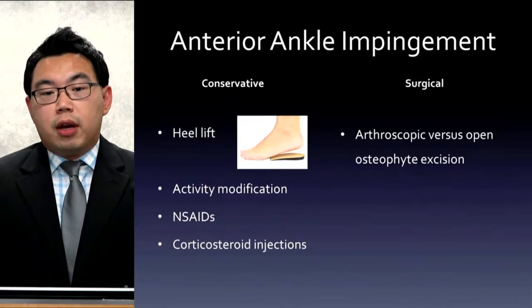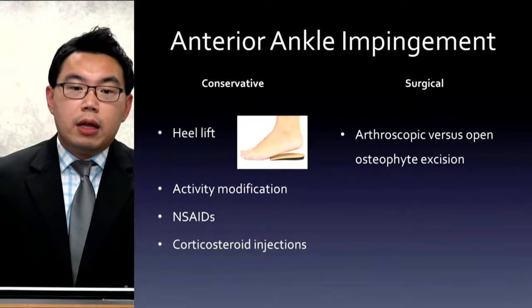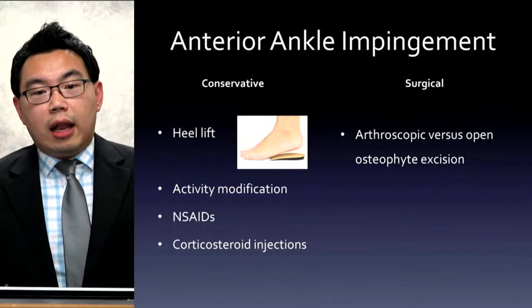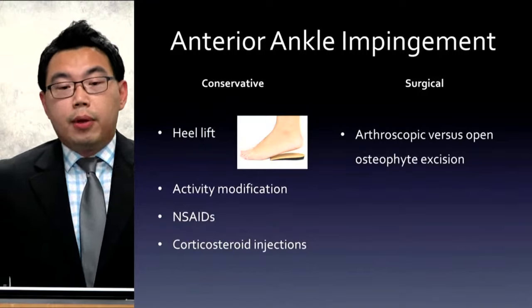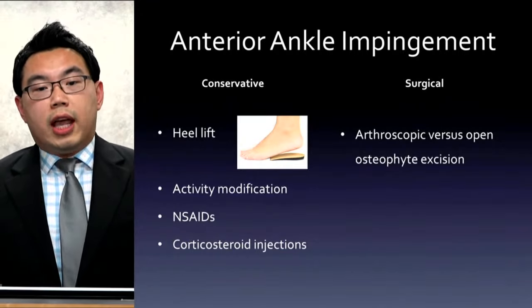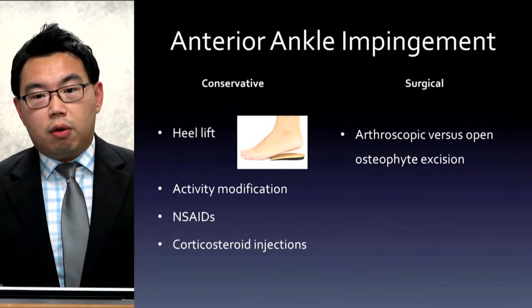Activity modification means that we try to adjust the regular exercises, maybe shy away from activities that introduce a lot of dorsiflexion, to control the symptoms. Anti-inflammatories are always an option, and also corticosteroid injections, which can relieve some of the local inflammation in the soft tissue in the front of the ankle.